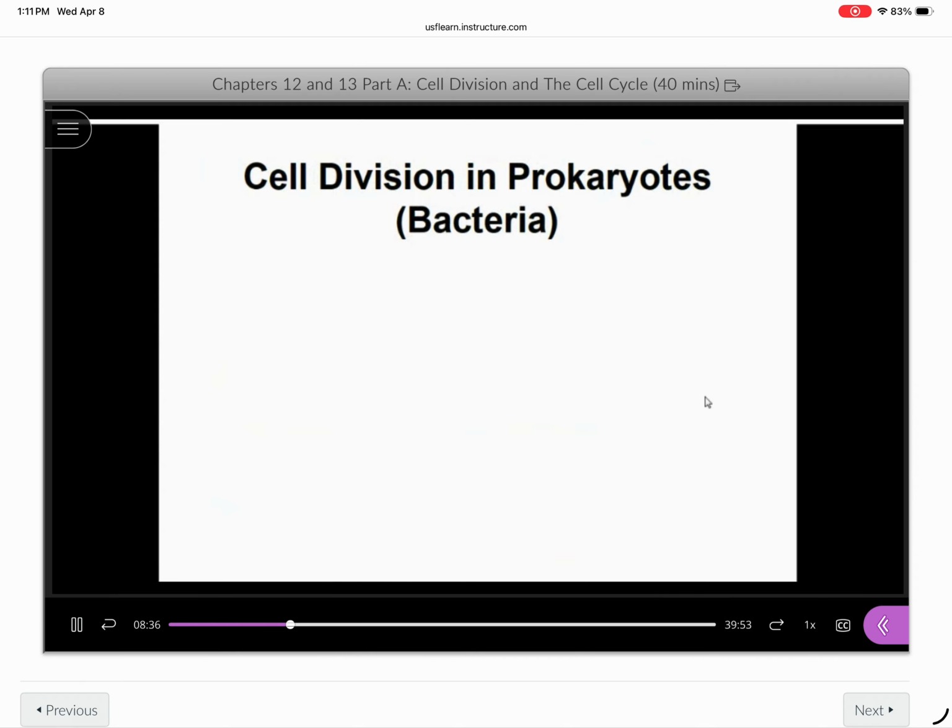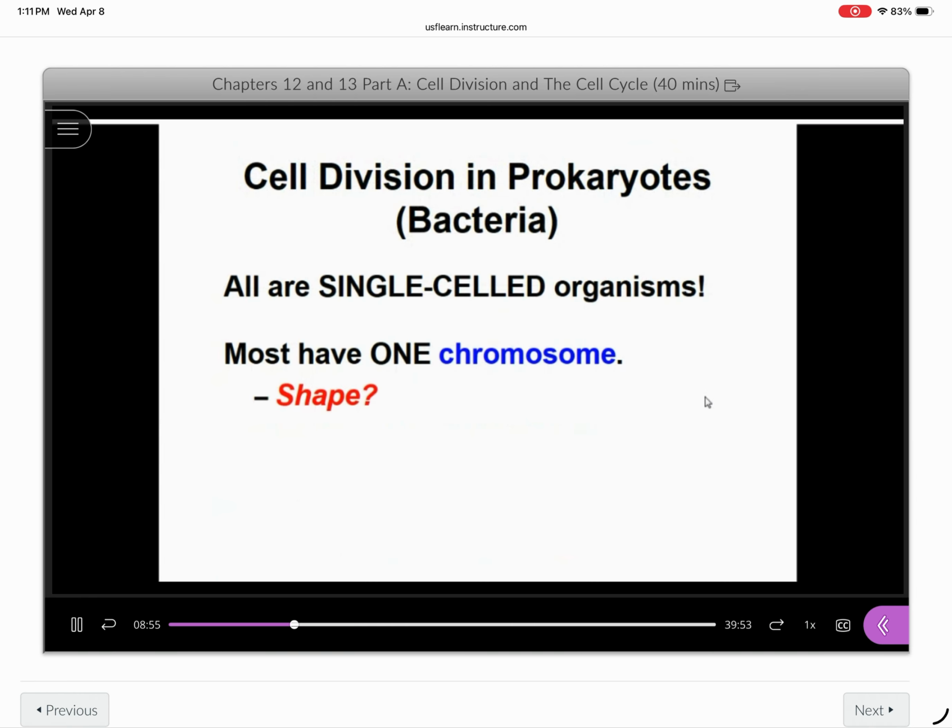Let's begin with bacteria, which are the main type of prokaryotes. Most prokaryotes are bacteria, and how cell division operates there. All bacteria are single-celled, by the way, single-celled life. Most have a single chromosome, just one. And the shape is what?